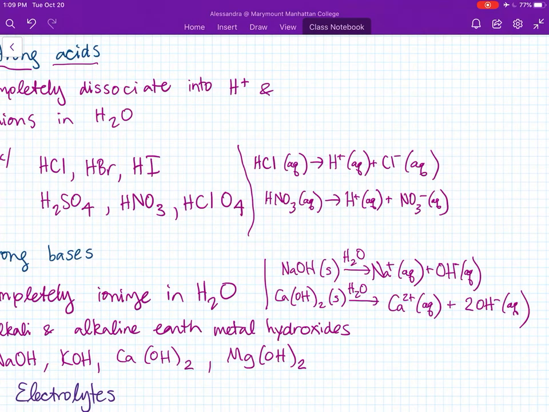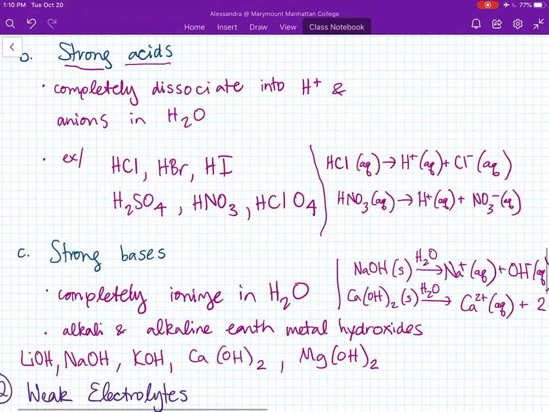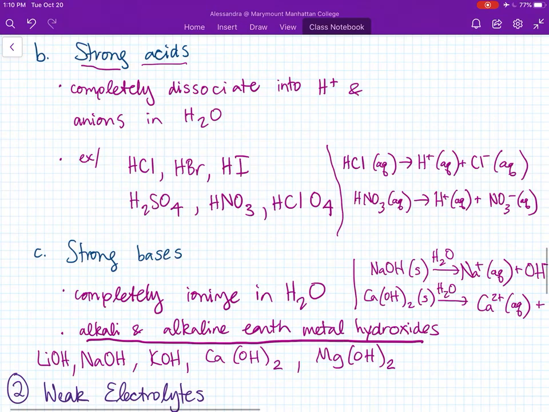So that would be a balanced reaction for the complete dissociation of calcium hydroxide in water. And you could write an analogous one for any alkaline earth metal hydroxide. The point is that strong bases, all of the alkali and alkaline earth metal hydroxides, are going to completely dissolve in water, and that is going to make solutions that are strong electrolytes.